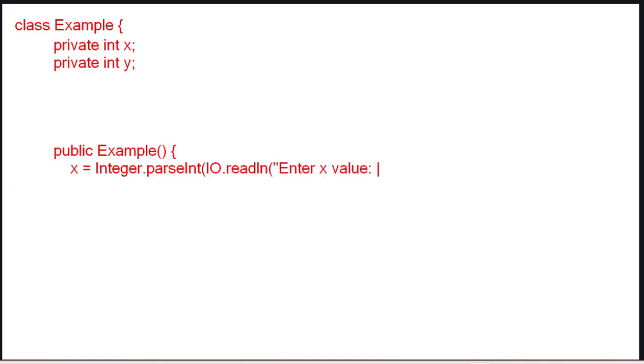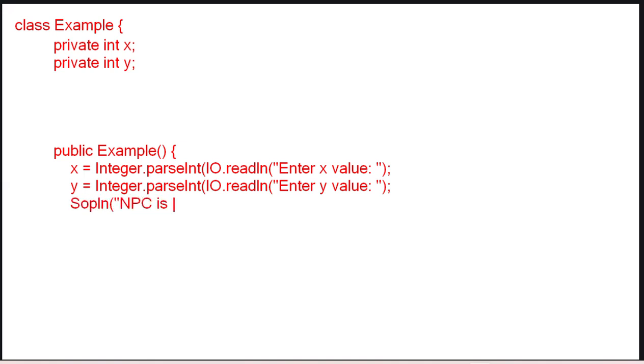I want to read the value dynamically from the keyboard. And also the y value I want to read, because it's a no-param constructor, I cannot read from another programmer, only from the keyboard. Again, the same statement: y equal to Integer.parseInt of IO.readln of "Enter y value". Then here you write System.out.println of "no param constructor is executed, non-static variables are initialized".